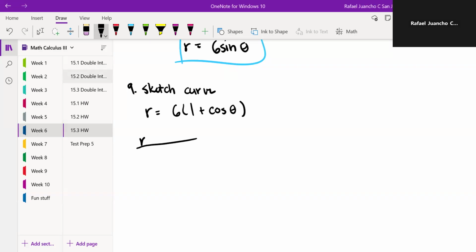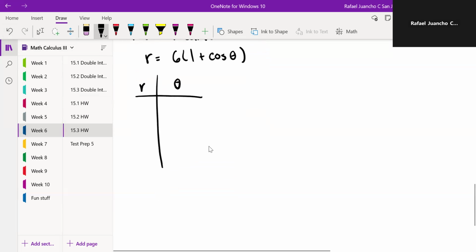So the idea here is we want to plug it in, so we want to make values for r and theta. My theta starts from 0. We want to keep track of the rotation as much as possible.